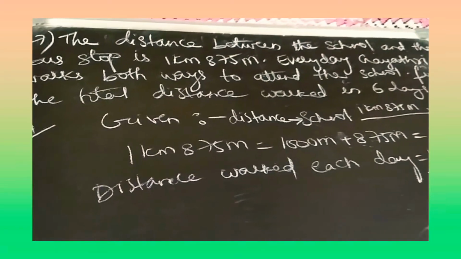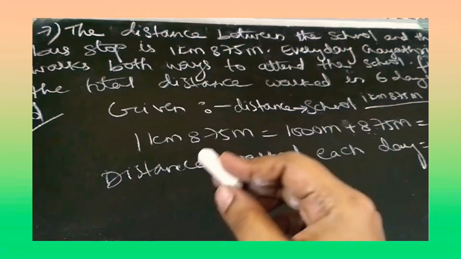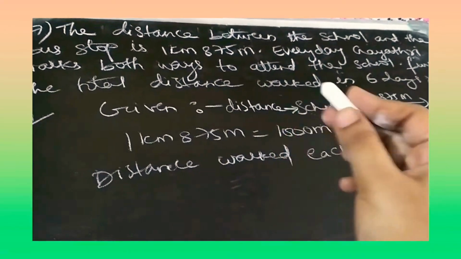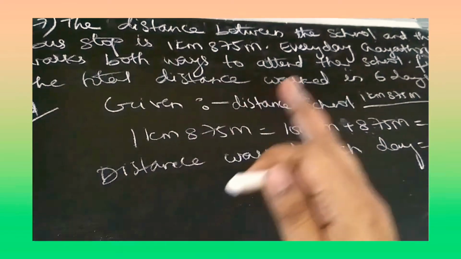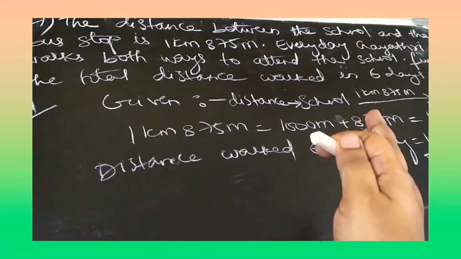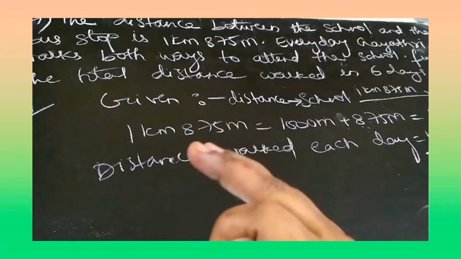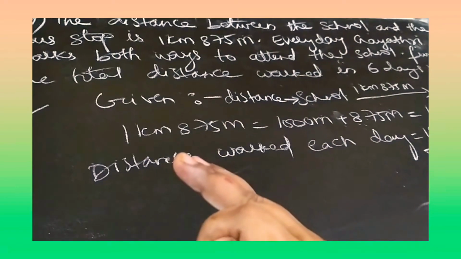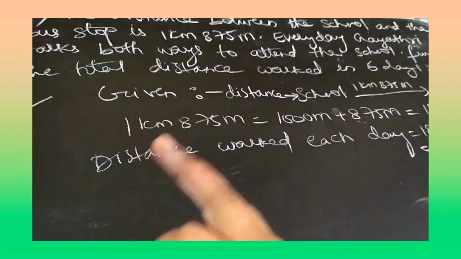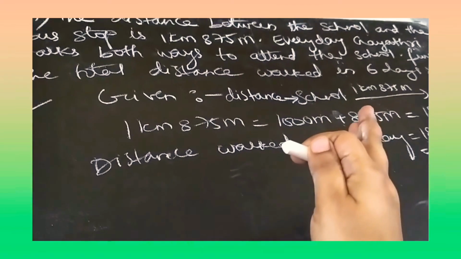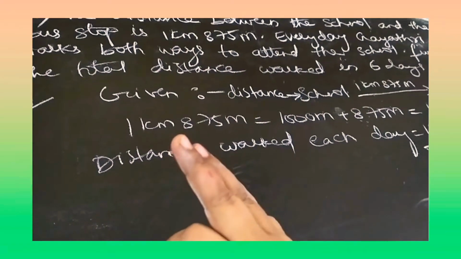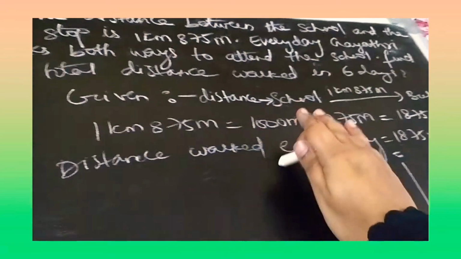Seventh one: the distance between the school and the bus stop is 1 kilometer 875 meters. Every day Gayatri walks both ways to attend the school. Gayatri walks 2 times that way. So find the total distance walked in 6 days. So what is given here? What is the distance between the school and the bus stop?